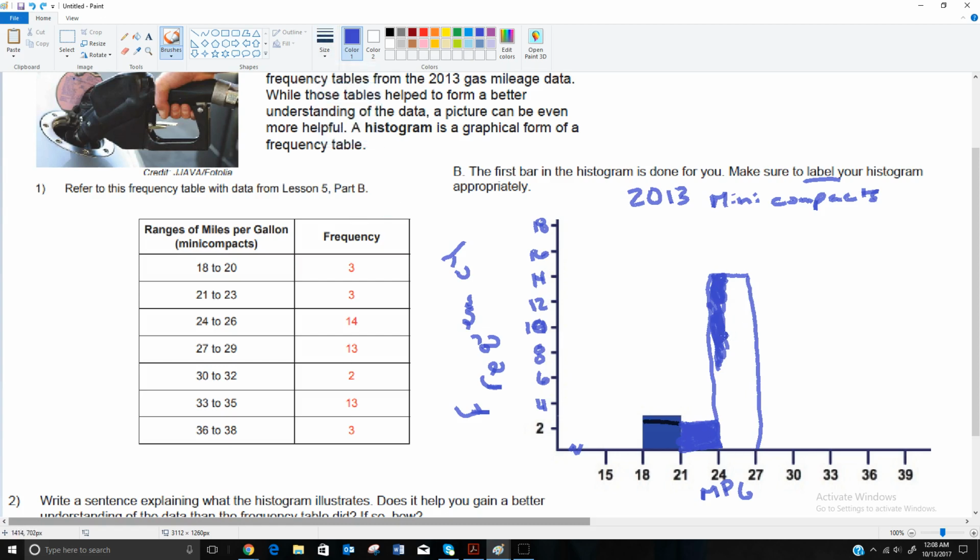Go a little bigger, but not so crazy big. And then our next one is going to be 27 to 29, and that's going to be 13.